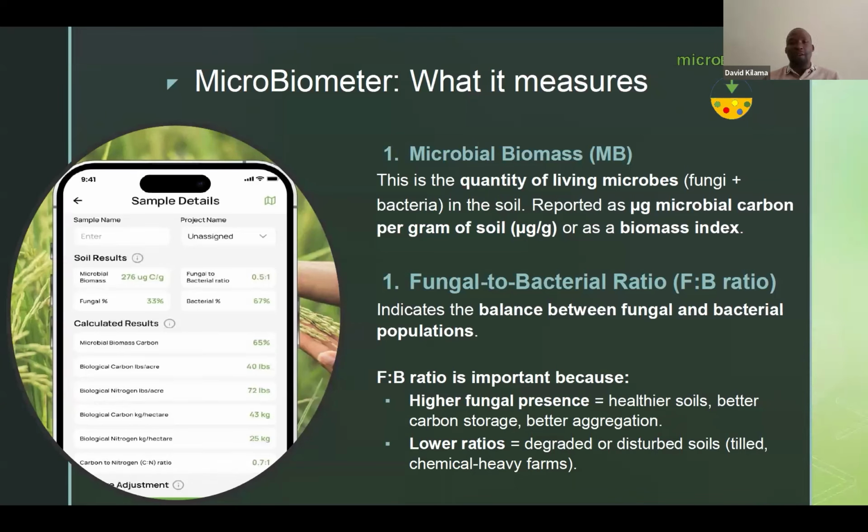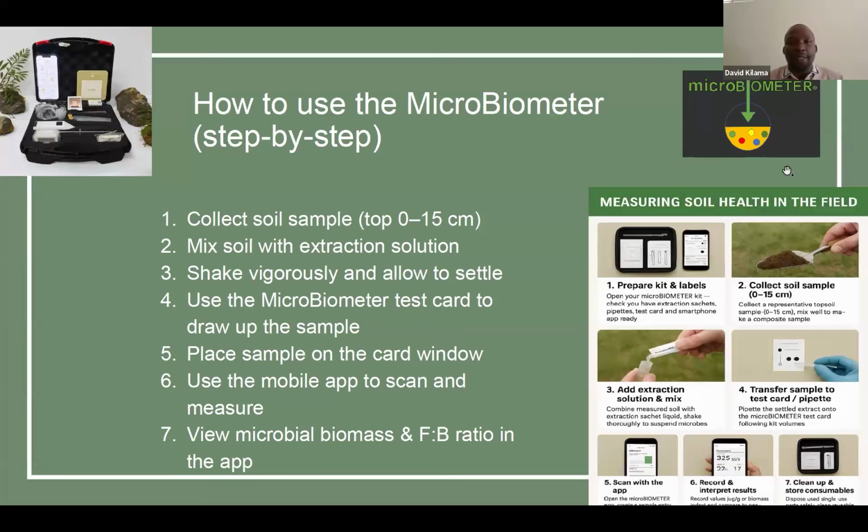If you have a lower fungal population, it means that your soil is degraded or disturbed. It could be you are tilling it a lot, or using a lot of chemicals in heavy farming systems. Those are some of the ways we can judge from the fungal to bacterial ratio whether our soil is healthy, moderately okay, or very low. So it is good for us who are in regeneration practices to use such a tool to show our indicators.